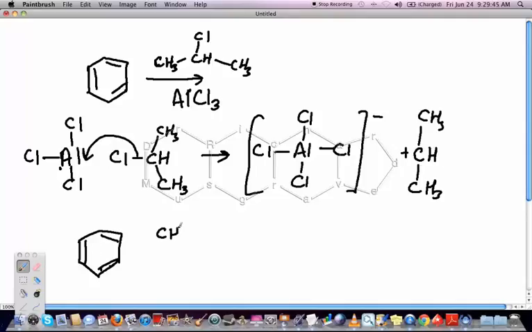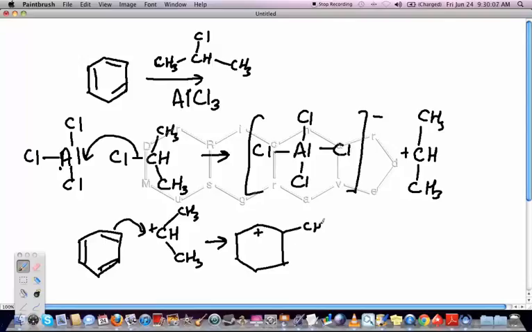Alright, so it's going to react with the benzene ring, and it reacts in the same way as we've seen these other electrophiles react. That leaves a positive charge here, and the alkyl group is now bonded to the benzene ring.